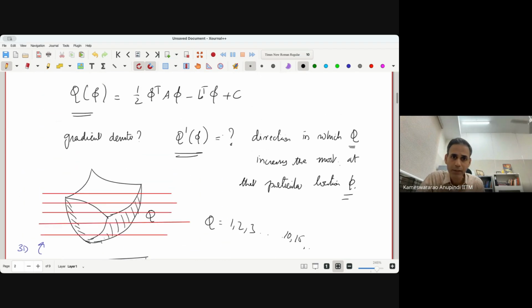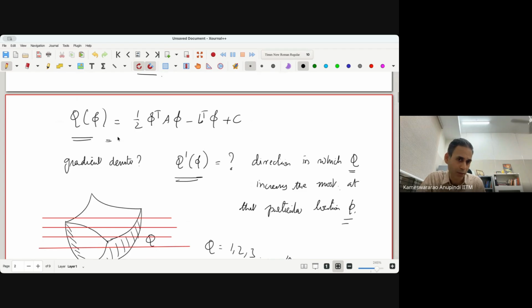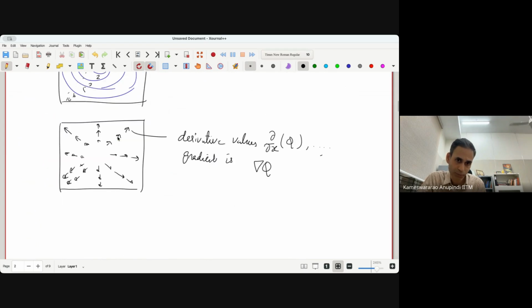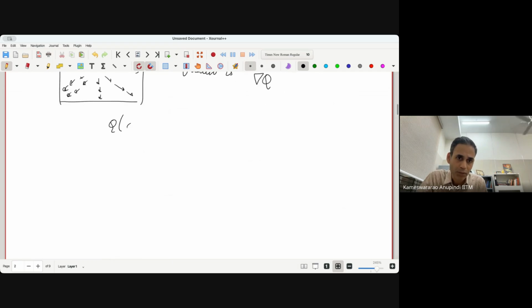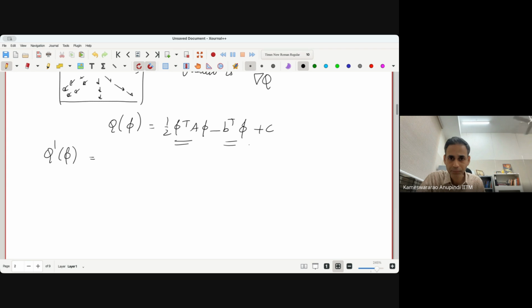Okay, if that is clear, then let me try to calculate the derivative of Q. Q is given as Q of phi equals half of phi transpose A phi minus B transpose phi plus C. The derivative of Q of phi is going to be, skipping several steps here, which I know from linear algebra, half of A transpose phi plus half of A times phi minus B transpose.